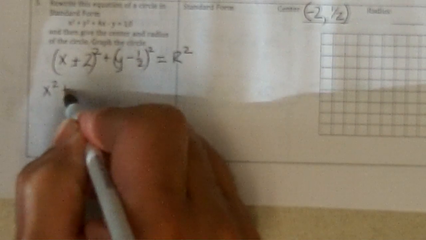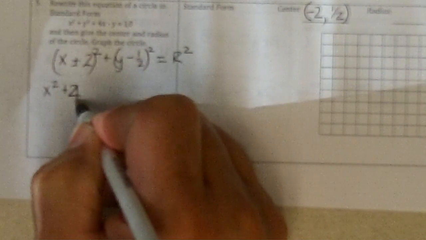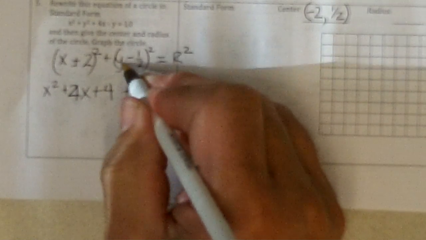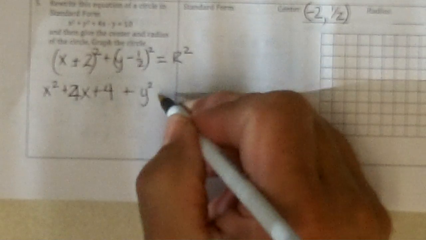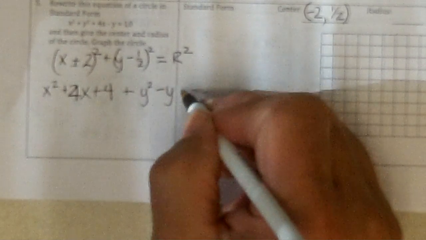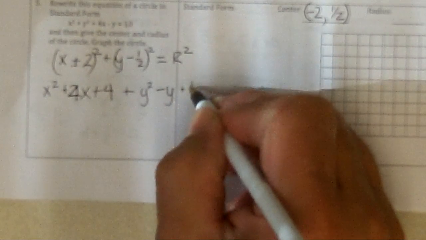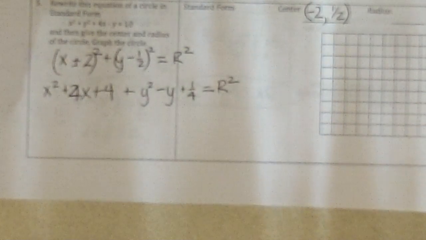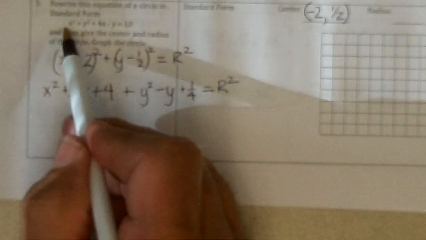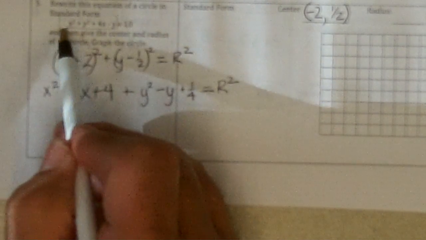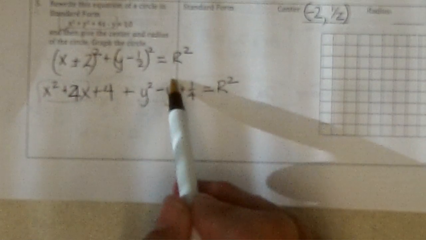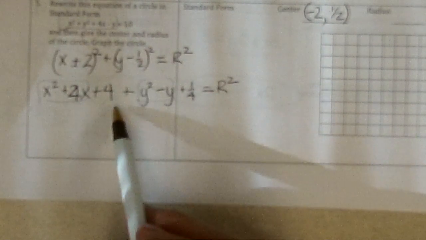Now if I multiply this out, I get x squared plus 4x plus 4 plus y squared minus 1y plus 1/4 equals r squared. Now they said if you have this on this side, you have 10 on the other side. Well, we have this and this are those.